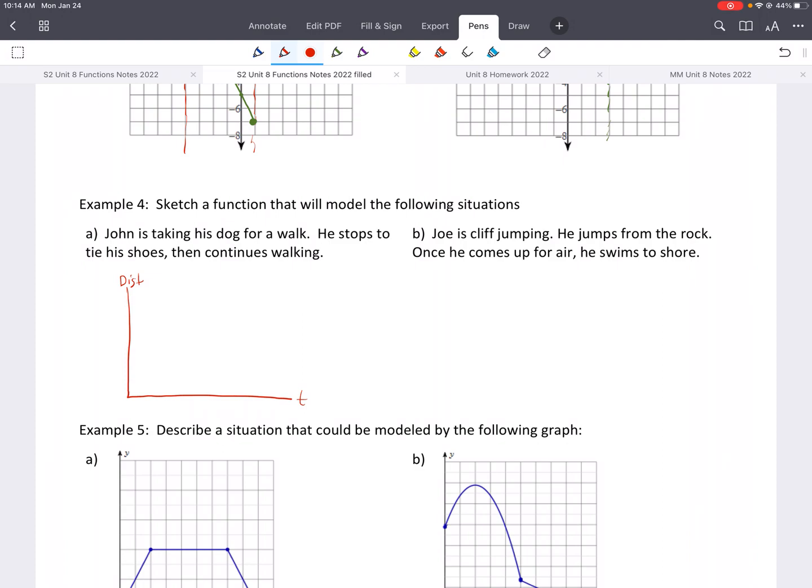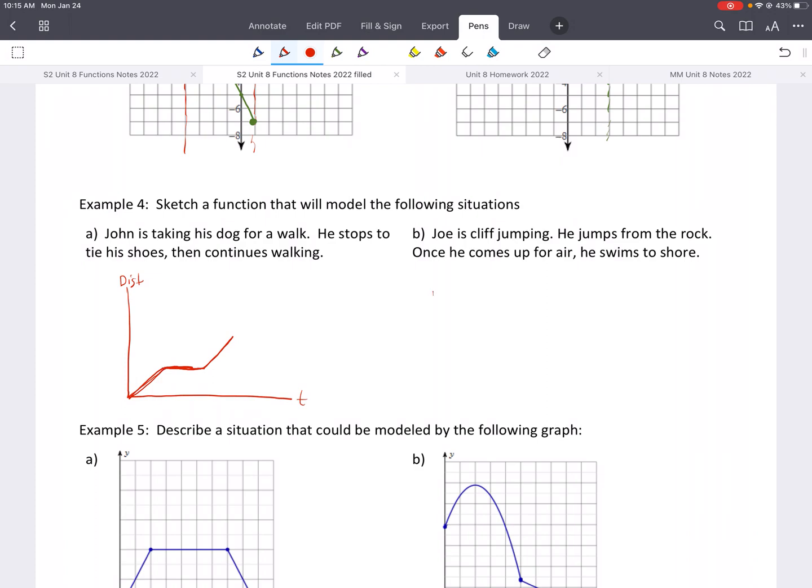So he takes his dog for a walk. Maybe he's going at a constant rate, but then he has to stop and tie his shoe. So when that happens, the time keeps going, but his distance isn't changing. And then he starts walking again. So that would be an example of a piecewise graph that could model this situation.